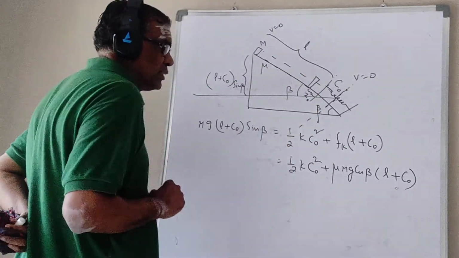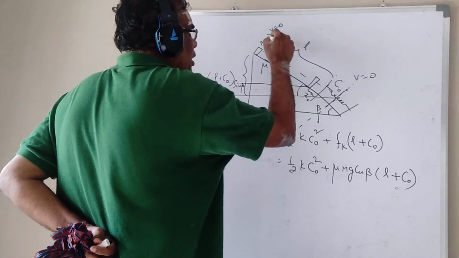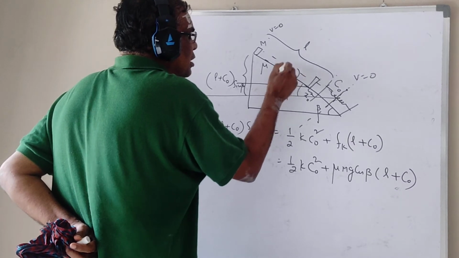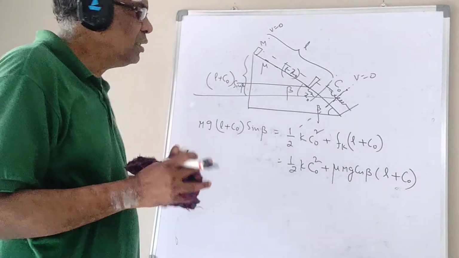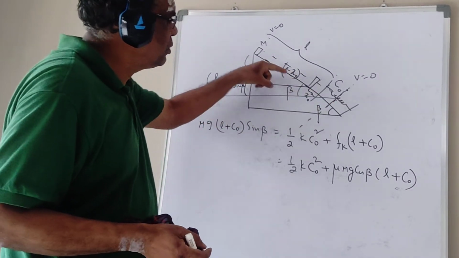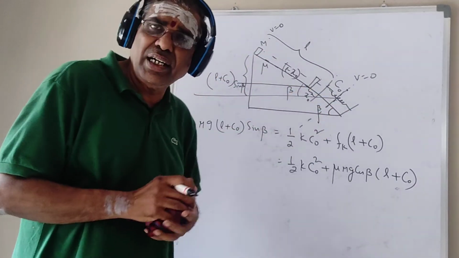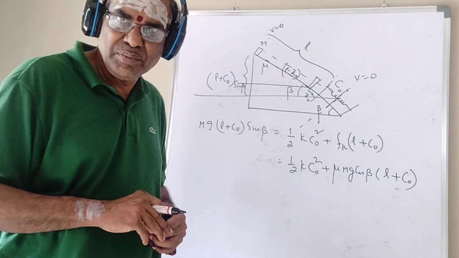Now look at this. If I take this, what is this distance? L minus x naught. Okay? Now the whole thing has gone here and come till this point. What is the total work done against friction?